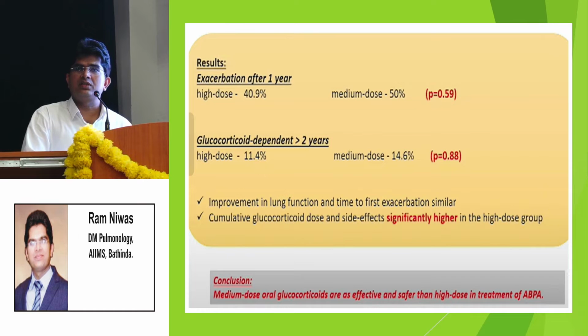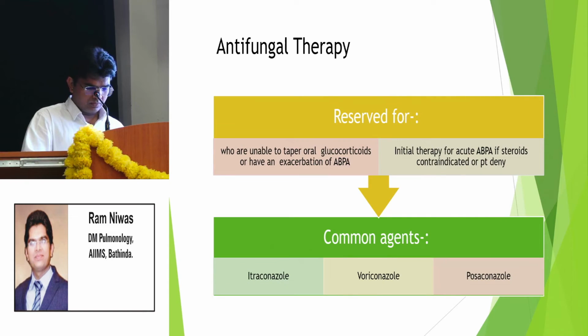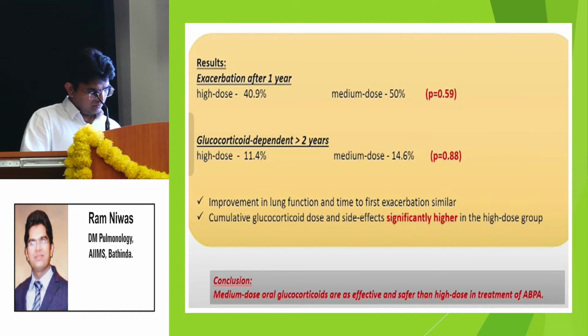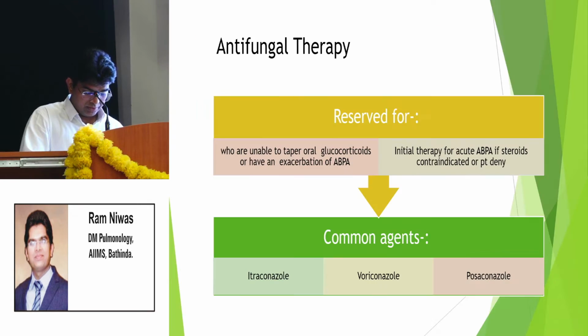There was no statistically significant difference, but there was a higher side effect profile with regimen 2. So they concluded that medium dose oral glucocorticoid is as effective and safer than high dose steroid treatment.